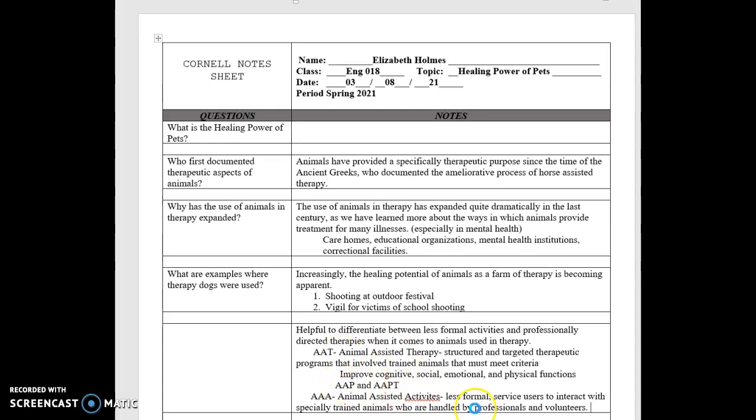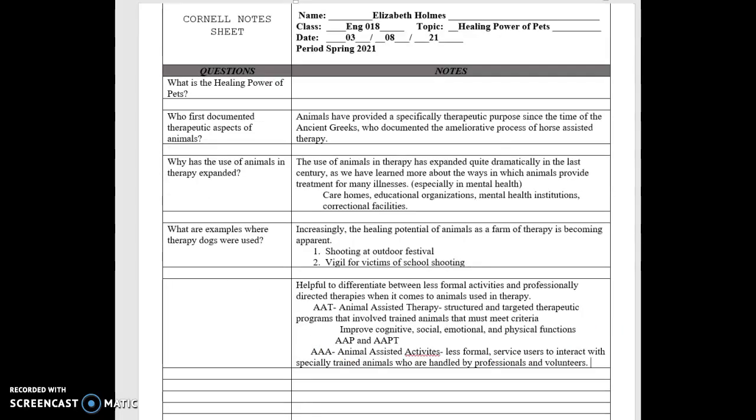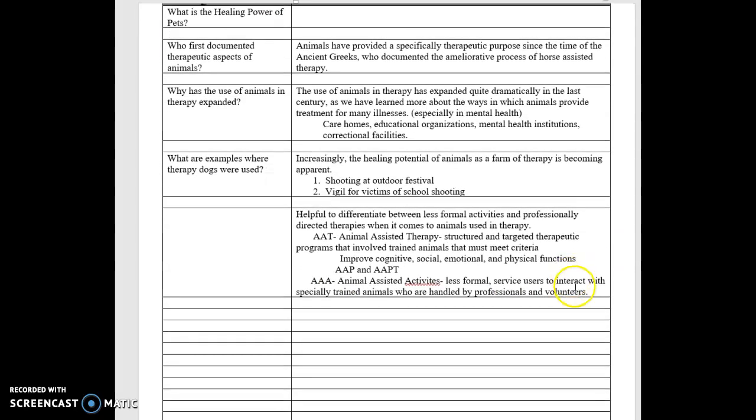Okay, so then I would scroll down, and then there's a paragraph on AAI, and I would capture what AAI is here.